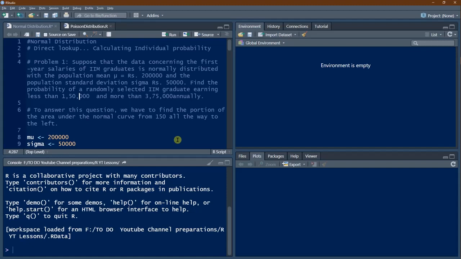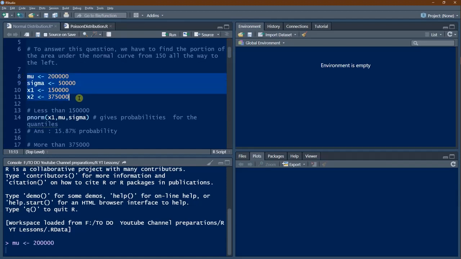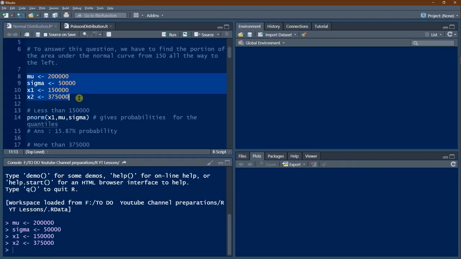Find the probability of a randomly selected IIM graduate earning less than 1,50,000 and more than 3,75,000 annually. This is the problem. We got mu, we got sigma, we got both the x values. We have to simply find the probabilities, that's all. So let us store these values. So we have stored mu, sigma, x1, x2.